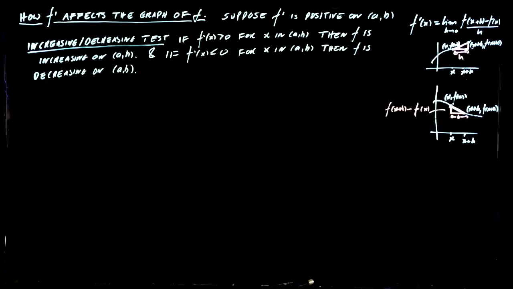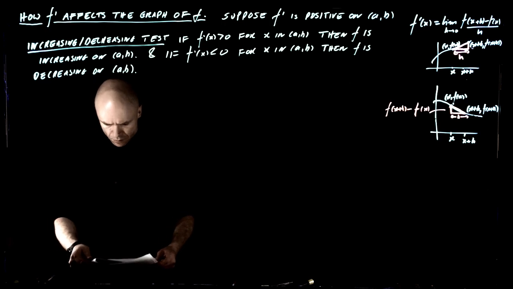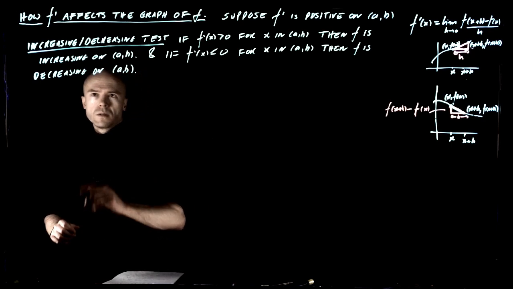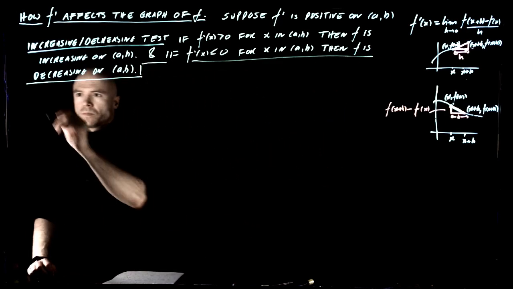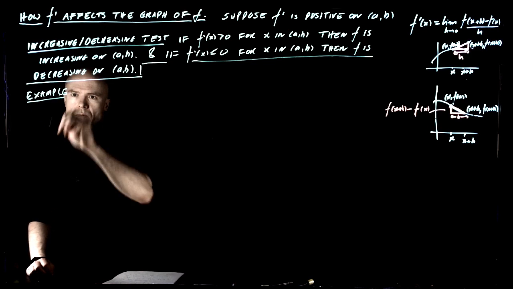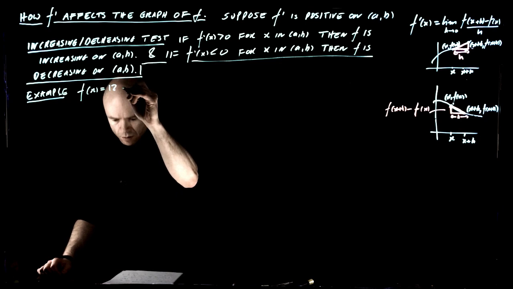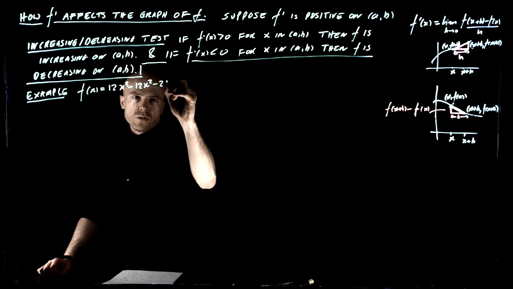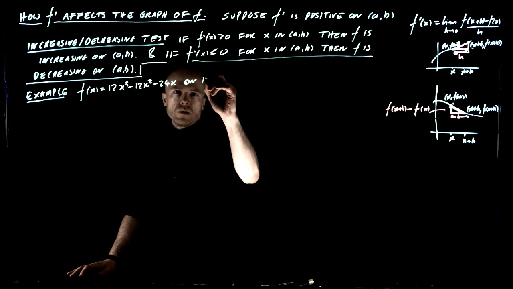Let's do an example to solidify this. Example. f of x is equal to 12x cubed minus 12x squared minus 24x on the entire real line.